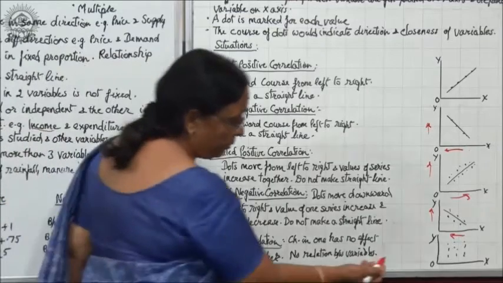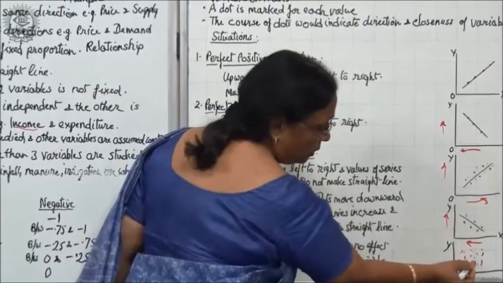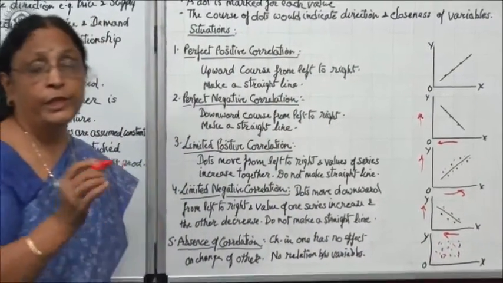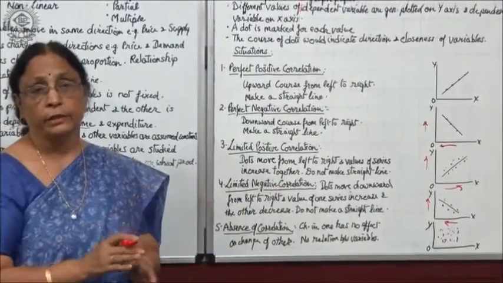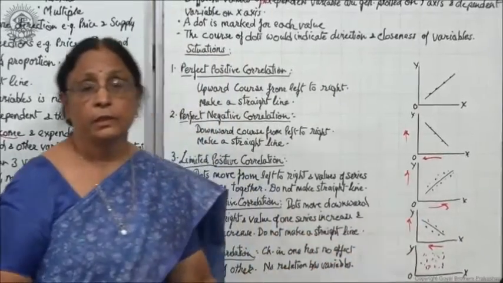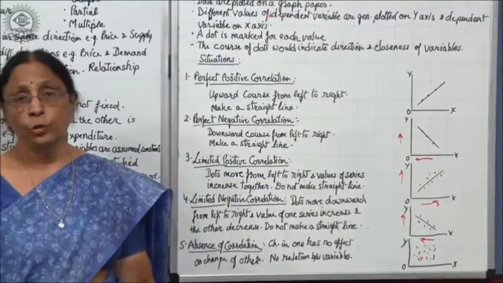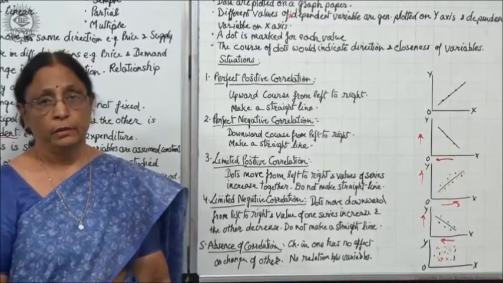Here you see the diagram, dots are scattered, right? There is no direction, neither positive nor negative, they are scattered. So if you get the dots like this, that means you can say that there is no correlation between two variables, right?